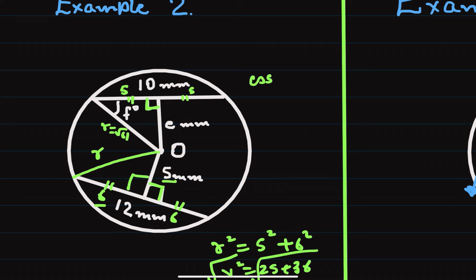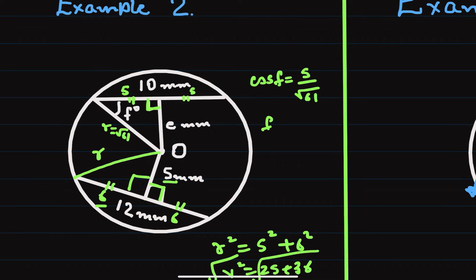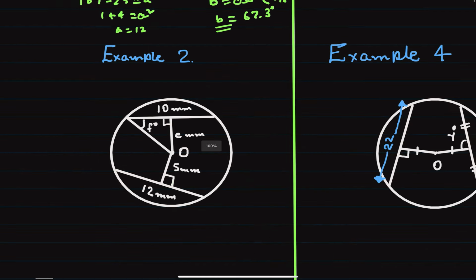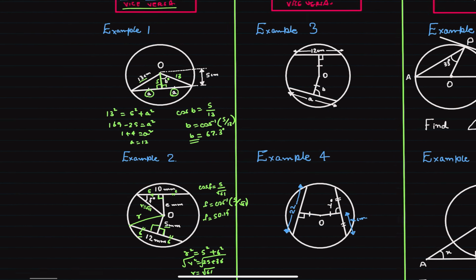This is cos f equals adjacent over root 61, right? So if you are going to find this out, this is cos inverse of 5 over root 61, which equals 50.19. I guess you got this property.